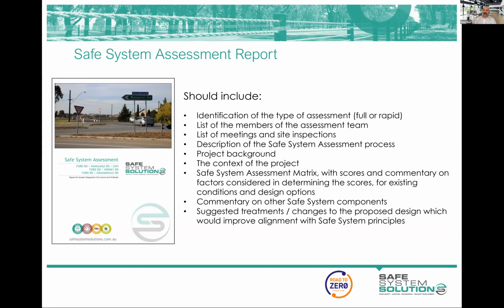So the template we're going to give you to use is one that the Victorian government produced, and they say you are welcome to put your own branding on it, change the colors, or whatever you want. Just let's all stick to the same headings and cover off the same information.